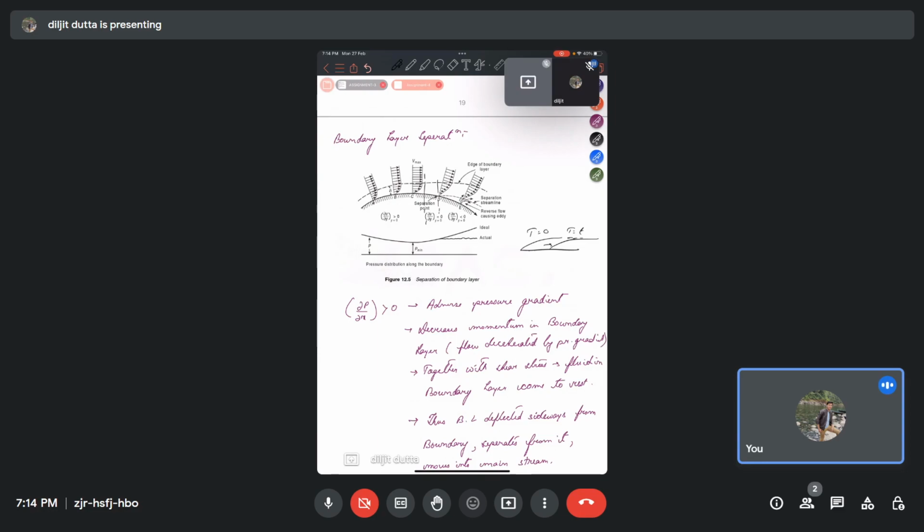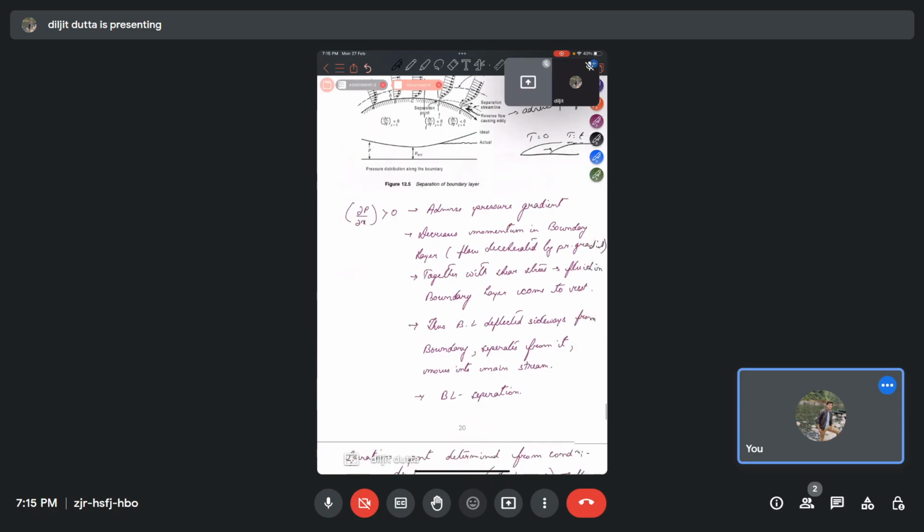So the flow is trying to reverse, that is, the flow will try to take place in the opposite direction, and this is causing a shift in the boundary layer, due to the adverse pressure gradient. The streamline also separates, and this will lead to boundary layer separation.